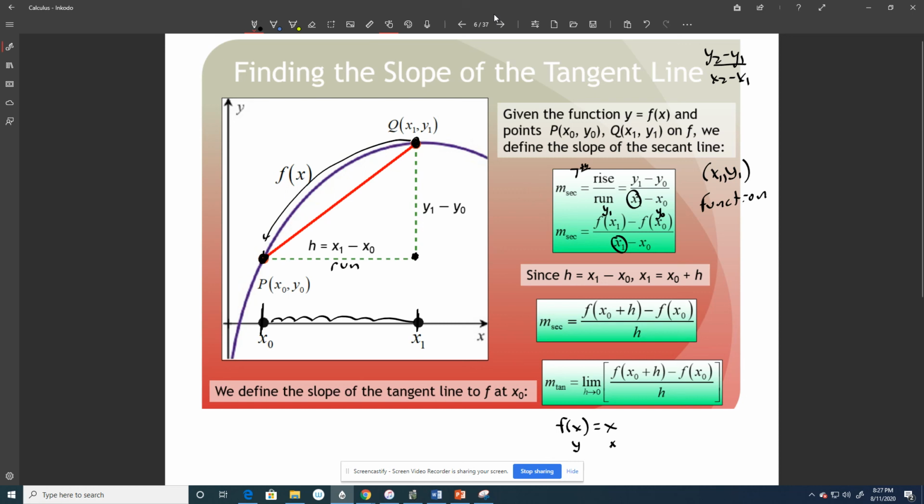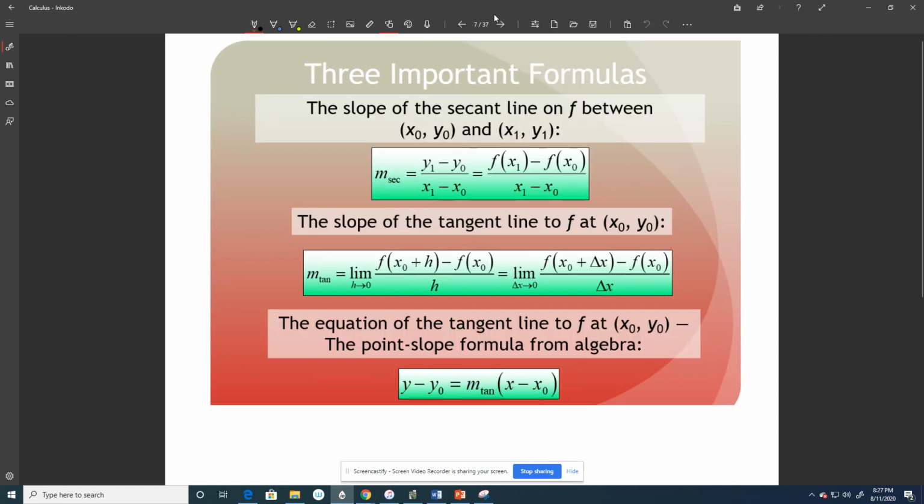That distance right here, we're trying to make that really small so that we can get really close to our tangent slope. And that's what it means right here when it says limit. It's saying that as h, that distance, gets really close to 0, then my slope gets close to my tangent slope.